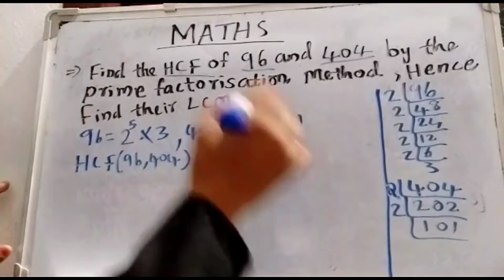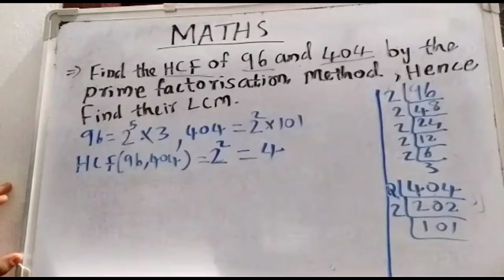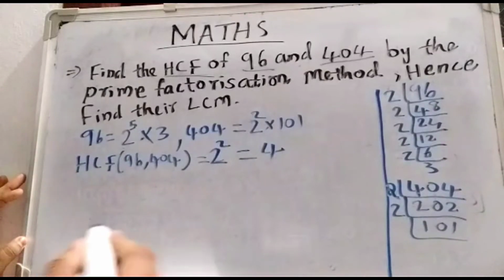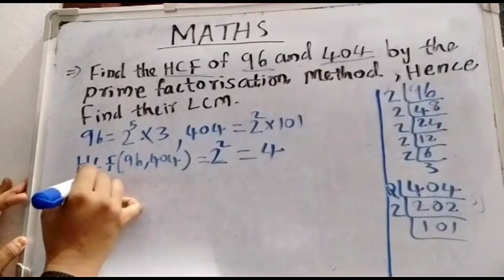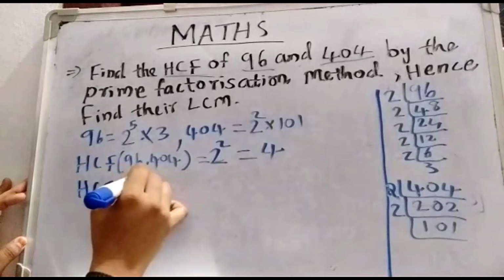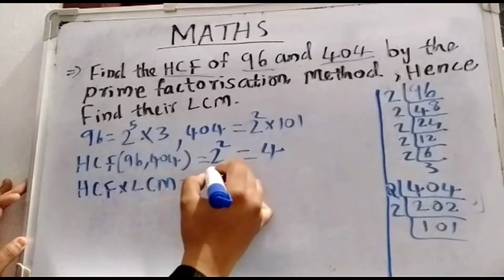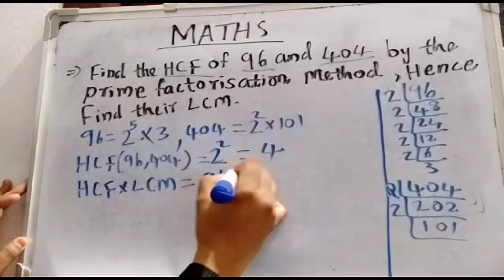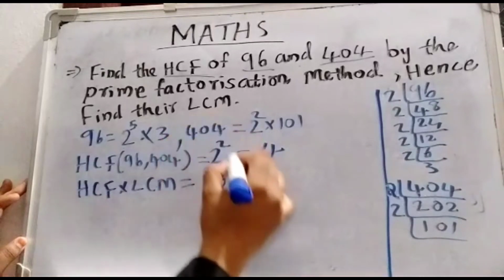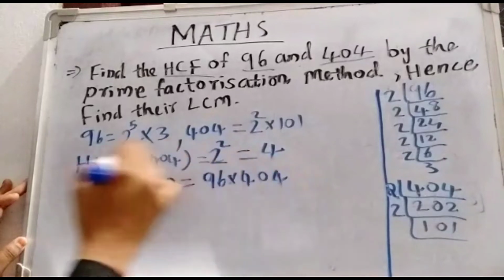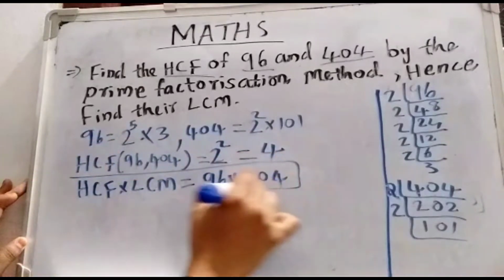The next, hence find their LCM. Okay, so using the result, that is HCF into LCM is equal to product of two numbers, that is 96 and 404. This is the result.